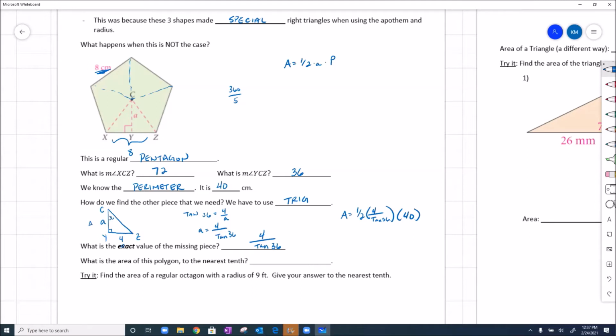Then I'm going to multiply it by 40 and multiply it by 1/2. And that gives me 110.1 centimeters squared. All right.